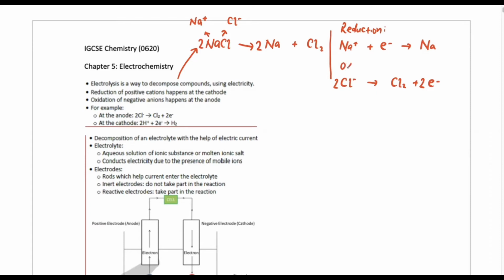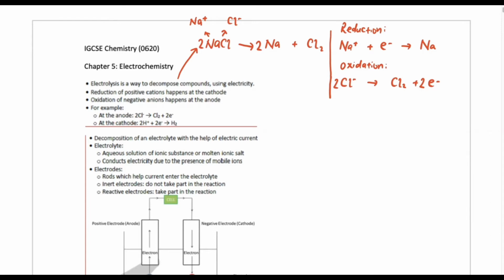So this is called oxidation. Oxidation is to donate electrons. Okay, and that happens at the anode. So they give an example. So at the anode, the chloride becomes chlorine and 2 electrons. So this is the same as my example.